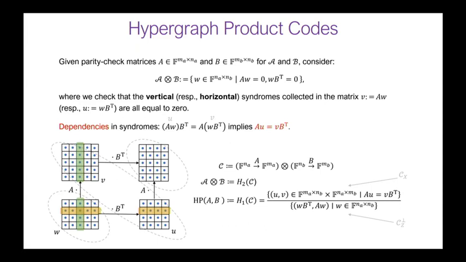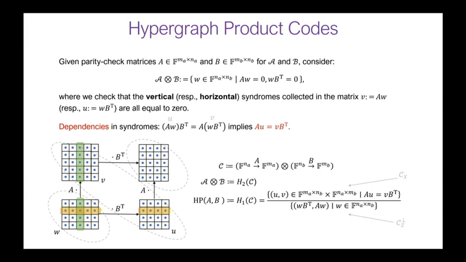So here I give a slightly not very standard definition of a hypergraph product code, but if you multiply, you can check that this is exactly the standard definition of hypergraph product codes.